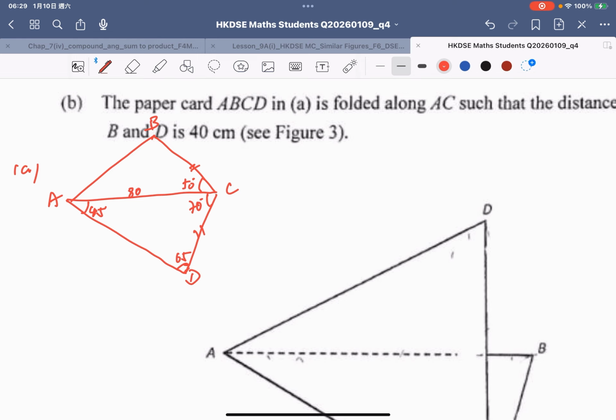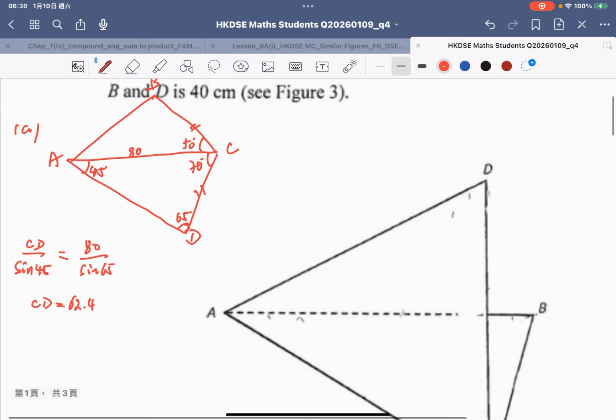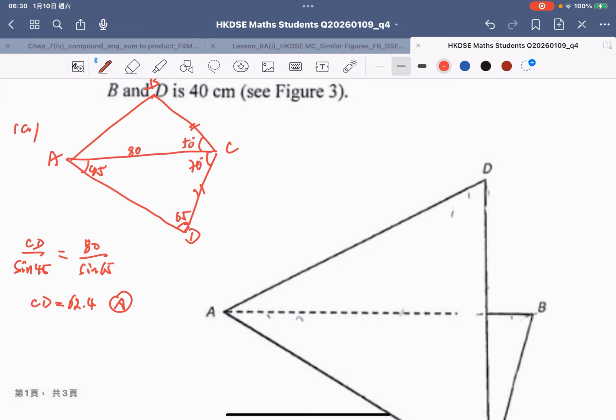Then for the length of CD, CD over sine 45 degrees equals 80 over sine 65, and then CD equals 62.4. It has more decimal places, but I correct to 3 significant figures and store this as A. Okay, for part B.